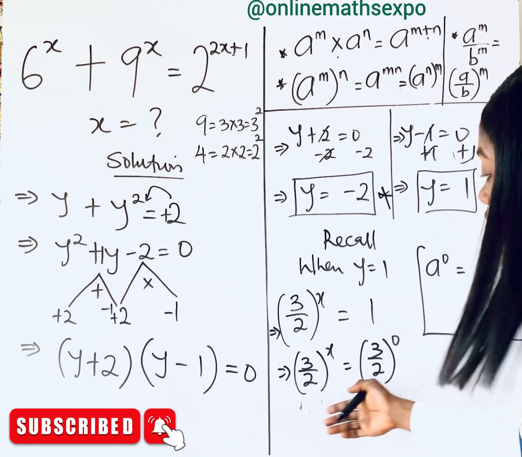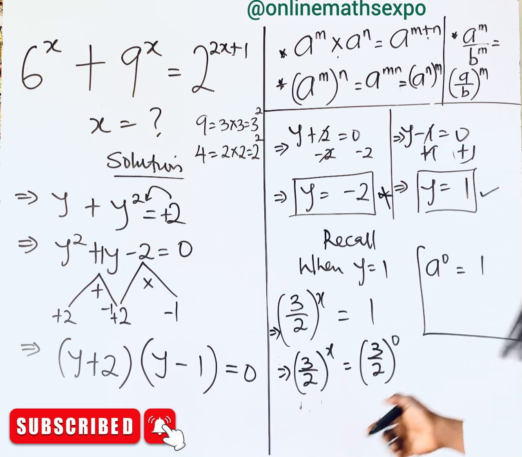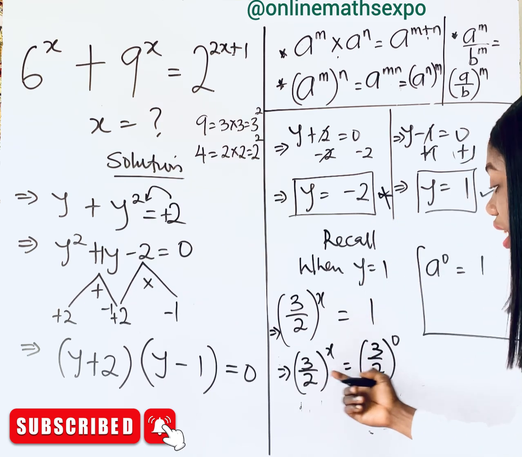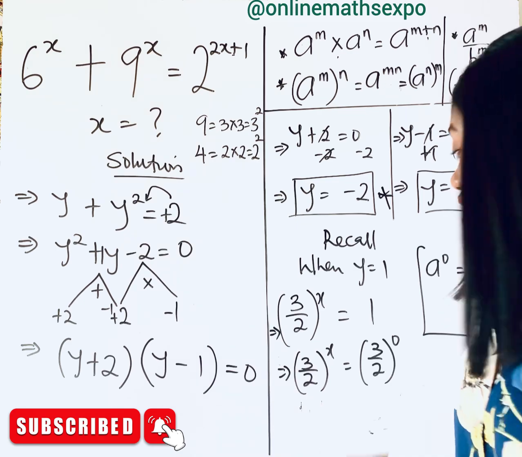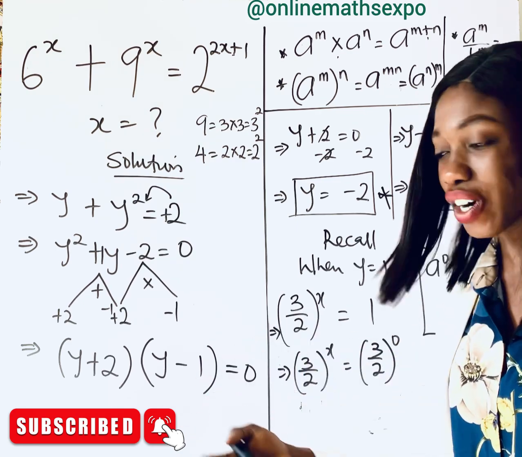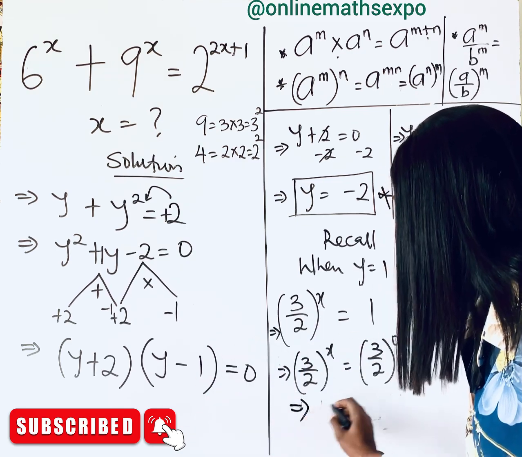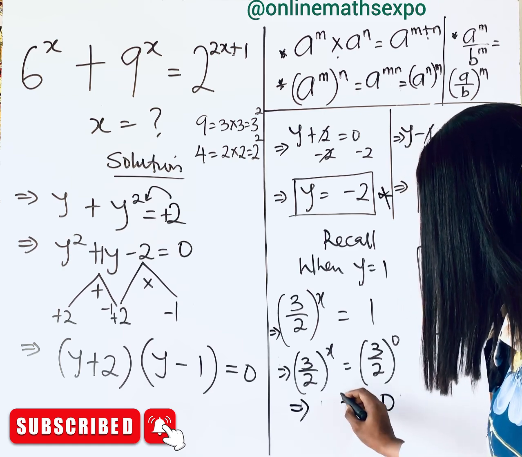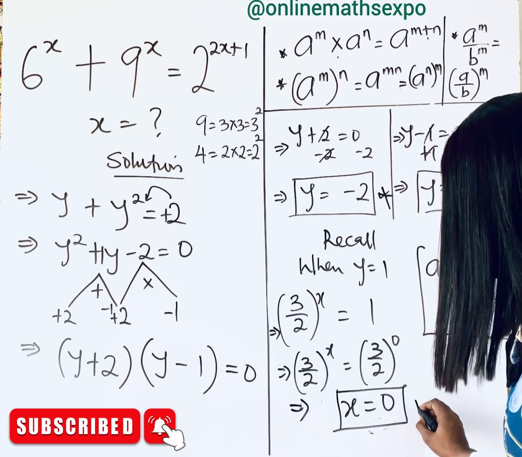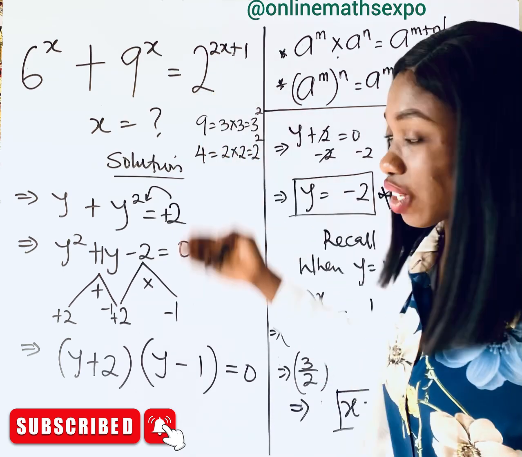Did you see it? So at this point, you can now see that the bases are the same, and it means that their power should be equal. And if that is true, then your x is going to be 0. And this becomes the answer to this particular question.